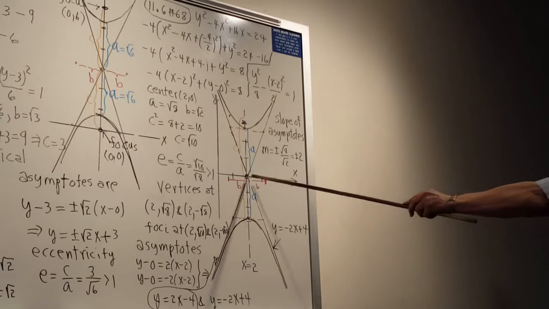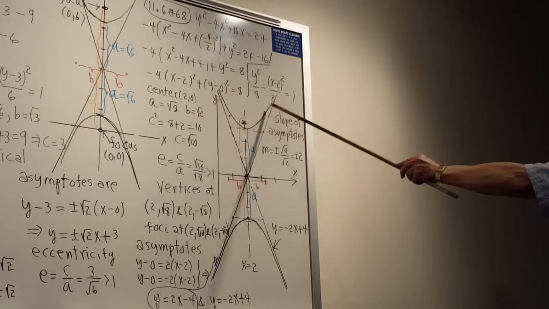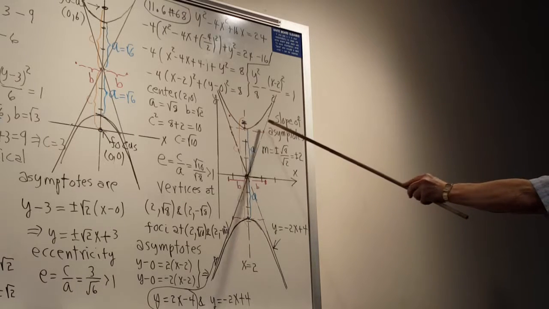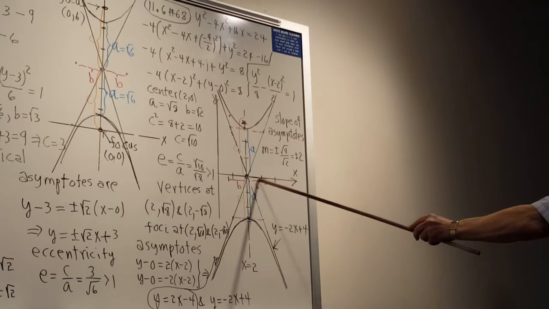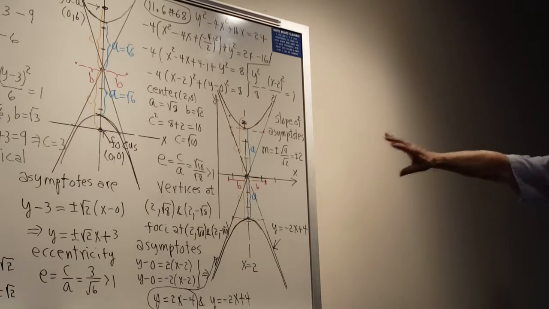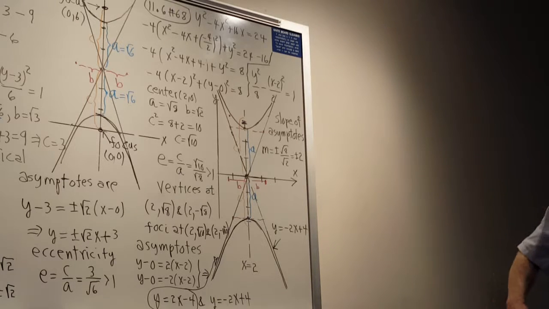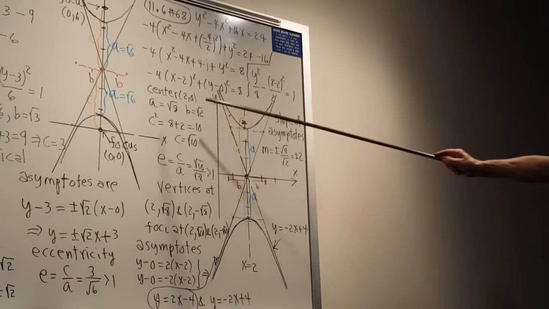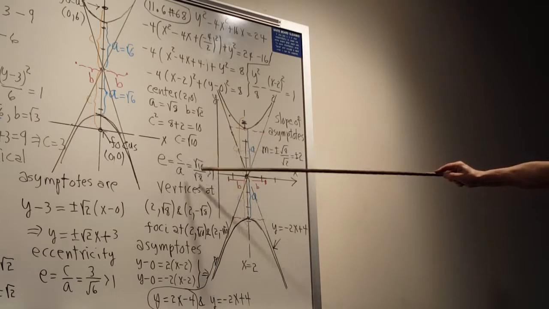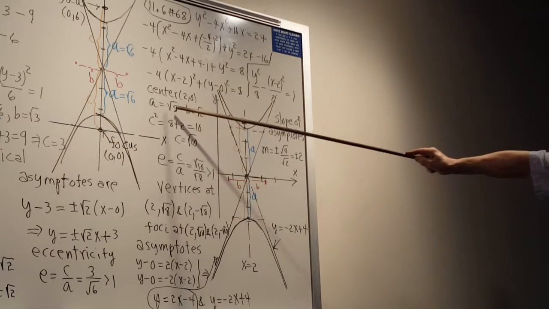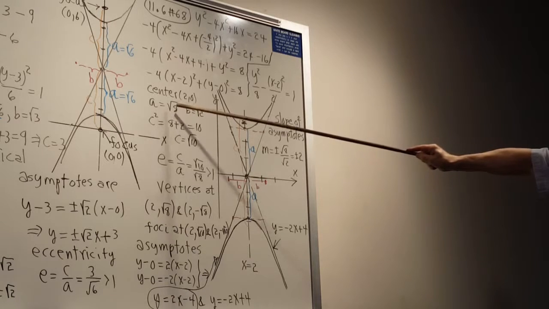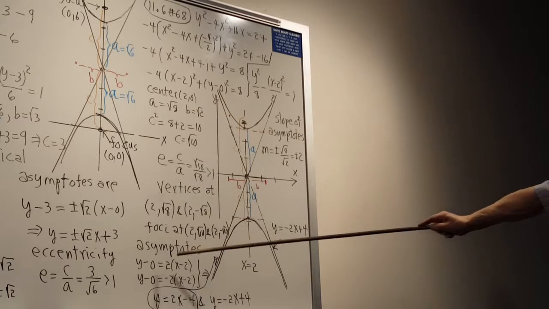And then your asymptotes, again, when it's long way vertical, the slope is A over B. Remember, if it's turned the other way, the slope is B over A. So your A over B, let's see, square root of 8 over square root of 2 gives you square root of 4, which is 2.